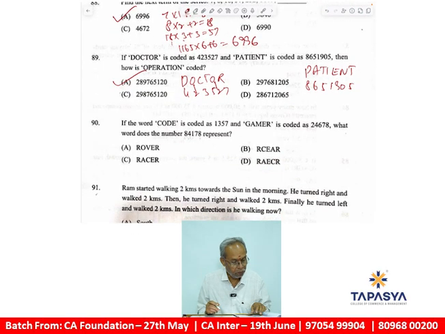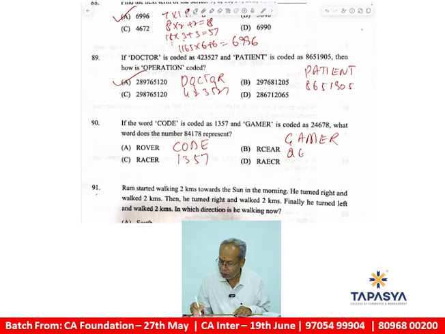Next comes the code. Code is written as 1357, and gamer is coded as 24678. This is direct coding. COD is written as 135, GMER is written as 24678. Right?